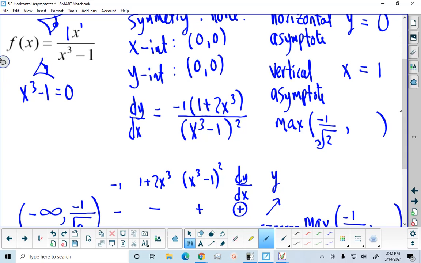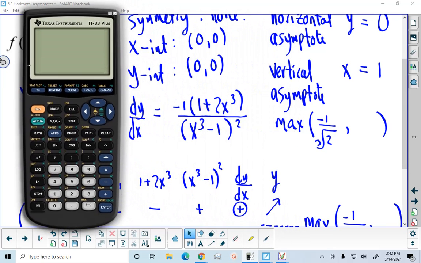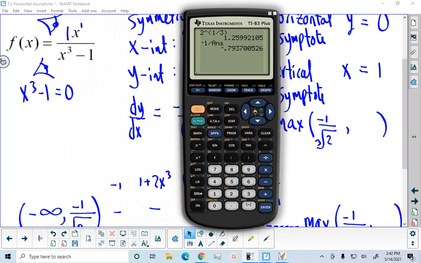I'll do the same thing just so we can double check each other's work. Getting about 0.53. Dan, you're in agreement there? I just caught that out of the corner of my eye. Yeah, good. So it's about 0.53.